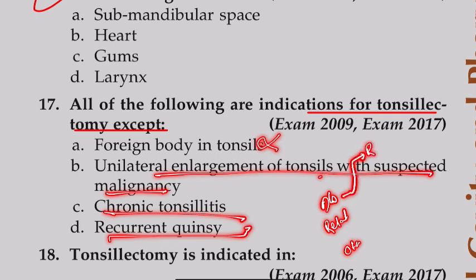Talking about absolute indications, there is recurrent infection. That is the Paradise guideline: 7 or more episodes in 1 year, 5 episodes per year for 2 years, or 3 episodes per year for 3 consecutive years. Similarly, a week or more of lost school or work in 1 year.